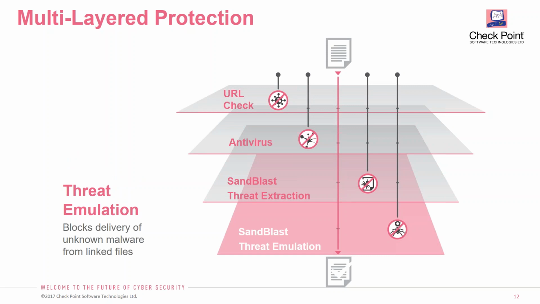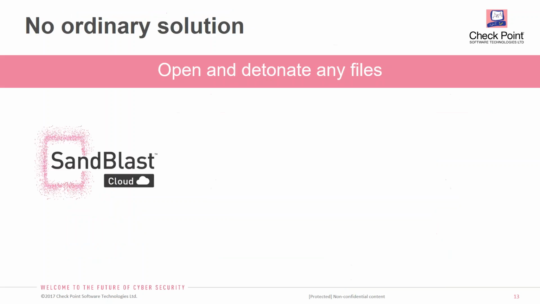But in parallel, we can also have the file emulated and look again at links and different behaviors, look at what the file is doing in our sandbox to understand its true intentions. And only emails that have passed all of these checks are ones that will get through to the user.